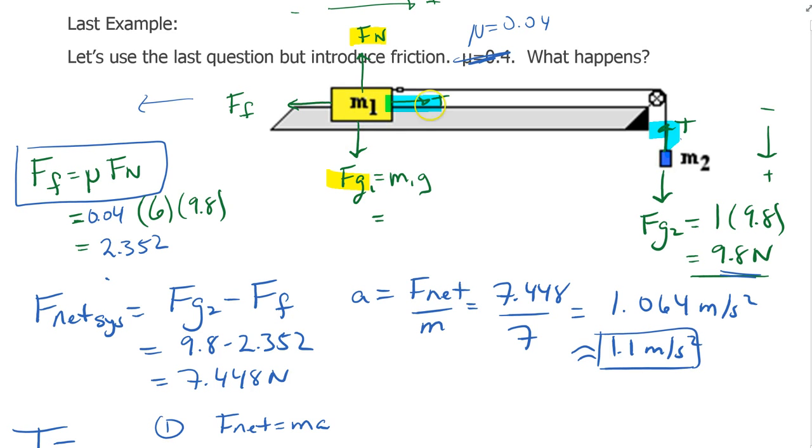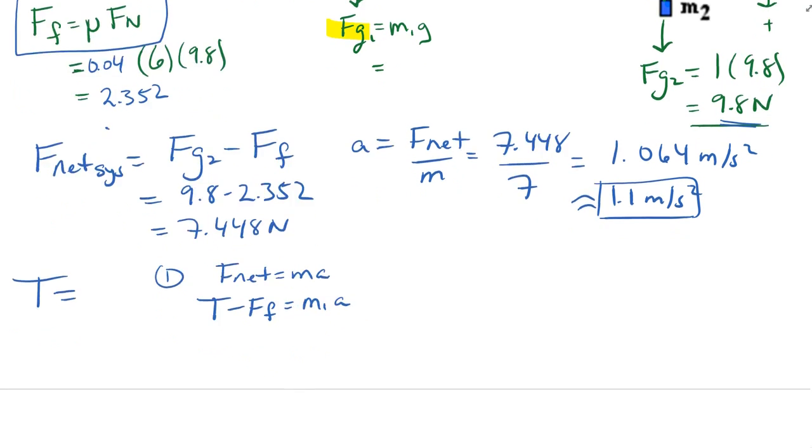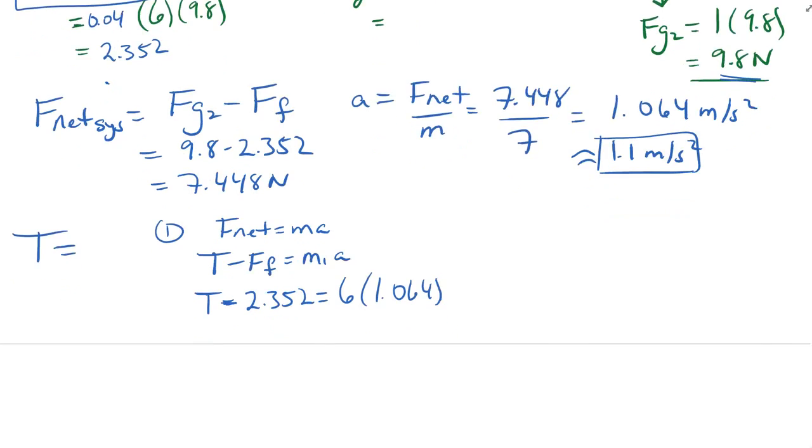I've got the tension force in the positive direction minus the force of friction is equal to the mass of object number 1 times acceleration. So I already figured out that friction force was 2.352. That's a minus 2.352, which is going to be equal to the mass of object number 1, which was 6, multiplied by the acceleration of 1.064.